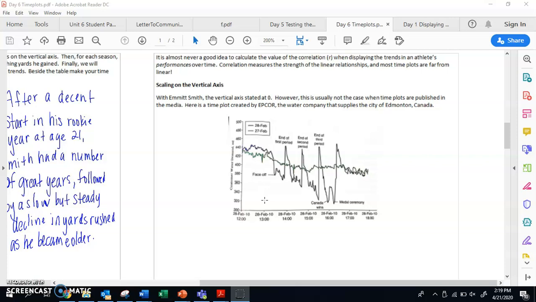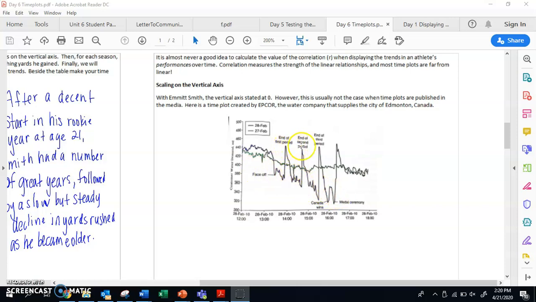They calculated the amount of water used over that day. And you'll notice that this black line right here is the water that was being used. You'll notice that right here, here, and here, the water usage was really low.